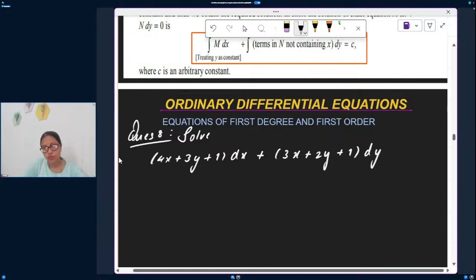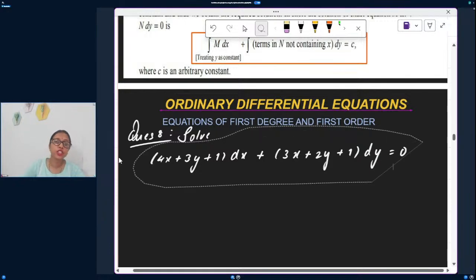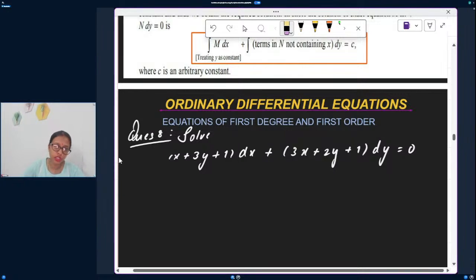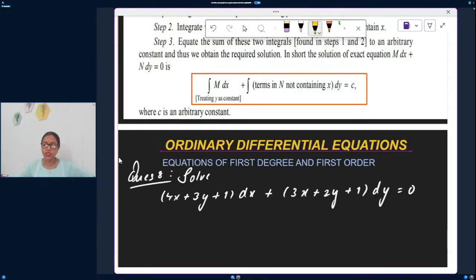Now this should first of all remind you of reduction to the homogeneous. You can reduce this equation to the homogeneous, right? But just to apply, let's find out whether it is exact or not and tell me the answer.